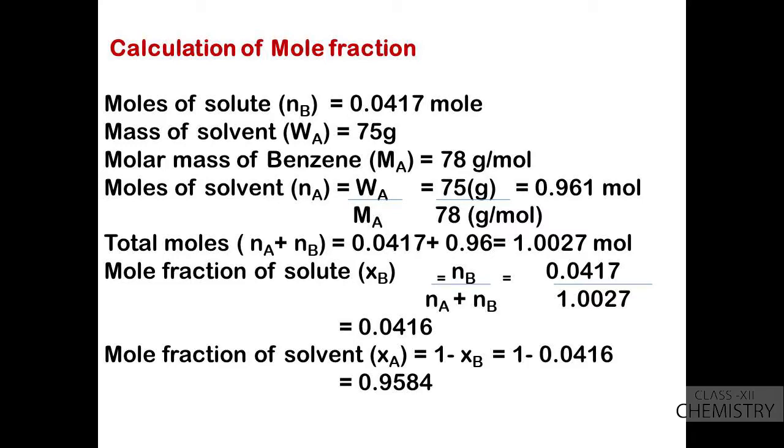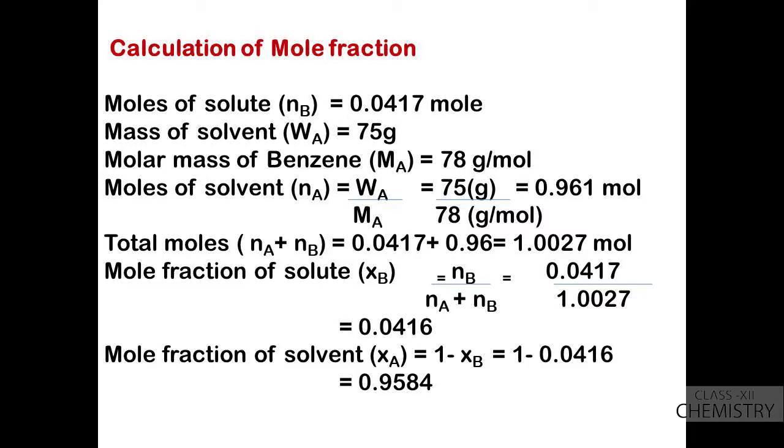Now the mole fraction of the solute is equal to NB divided by NA plus NB, that is the number of moles of solute divided by the total number of moles present in the solution. NB is 0.0417 divided by the total number of moles, 1.0027.